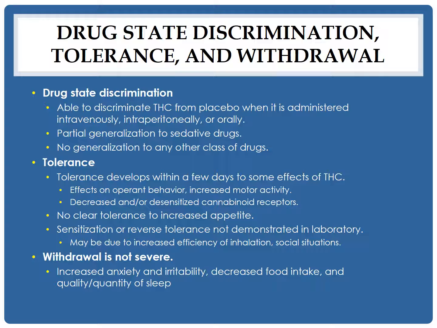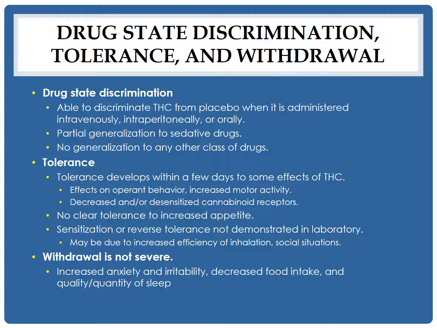Tolerance develops pretty quickly, within a few days, to effects of THC on operant behavior and the increases in motor activity. In animals, this is due to decreased cannabinoid receptors in some areas of the brain, as well as downregulation or desensitization of those receptors.